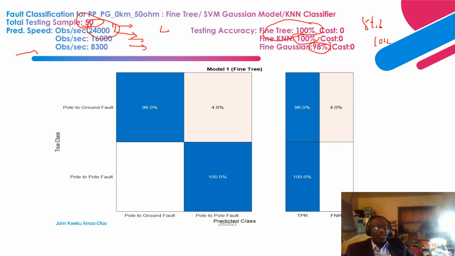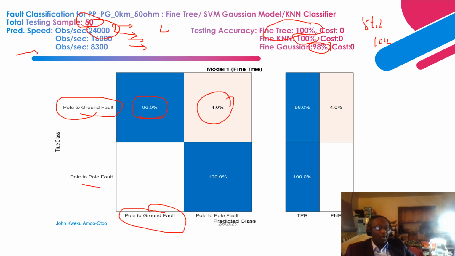So what is it telling us for testing? For pole to ground fault, 96% of it was correctly classified as pole to ground fault, and 4% was misclassified.